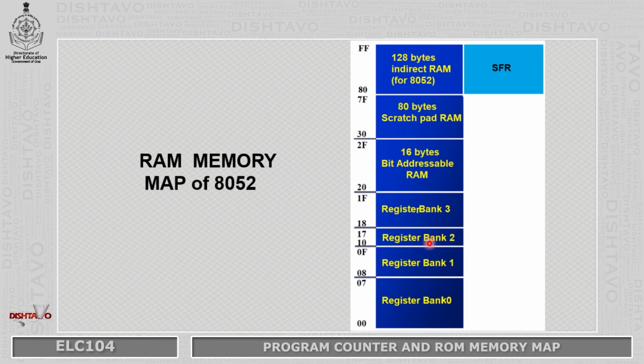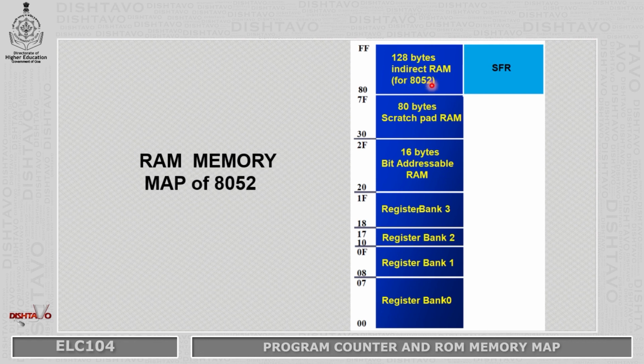Next comes the RAM memory map of 8052. As we all know, 8052 has 256 bytes of RAM, which is 00 to FF. The 00 to 7F is the same as it is for 8051, but above this it also has an area of scratchpad RAM.